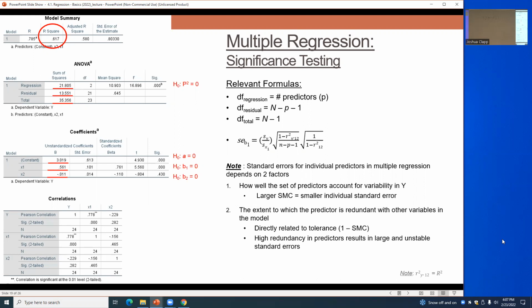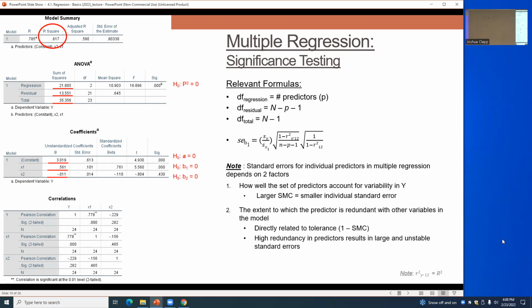Yeah, pretty strong, compelling evidence there. But my test of x2 is not giving me anything. I don't have evidence for a unique association of x2 with my outcome after I control for shared variability with x1. So I have a unique predictor in x1, but I don't for x2.